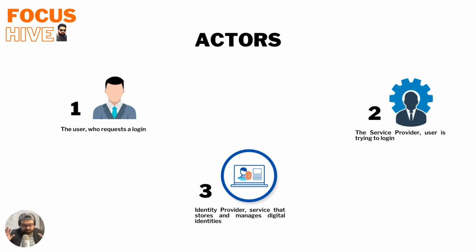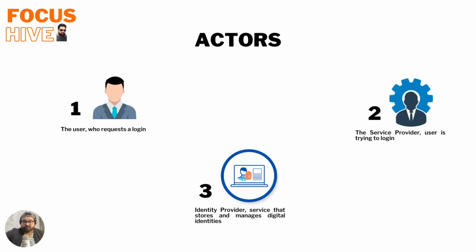So just to reestablish the actors, one is the user who's going to access the resource. Two, the service provider who's going to provide the resource. Third, the IDP, the identity provider, who's going to provide the mechanism to authenticate the user, right?